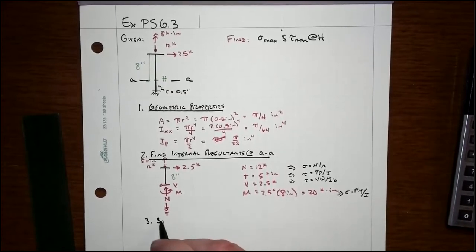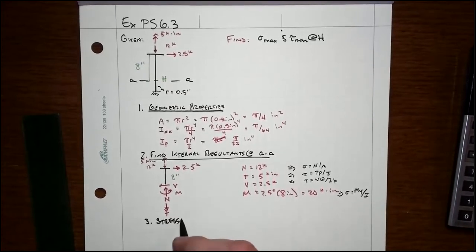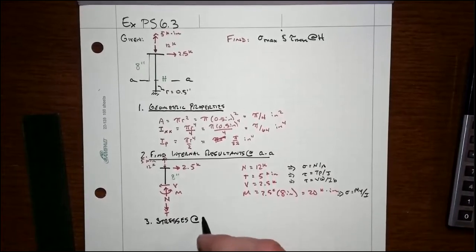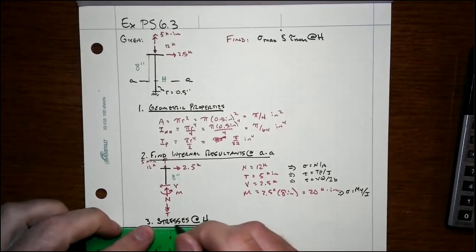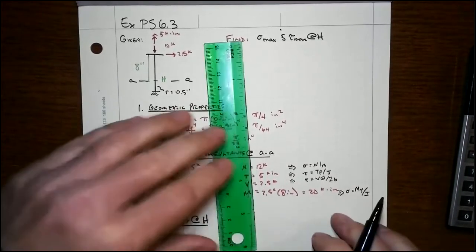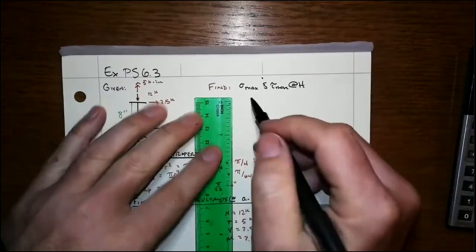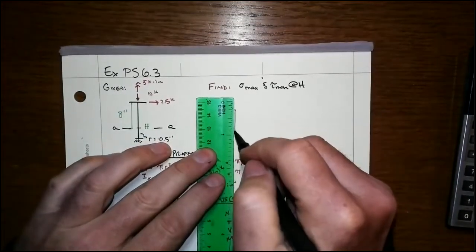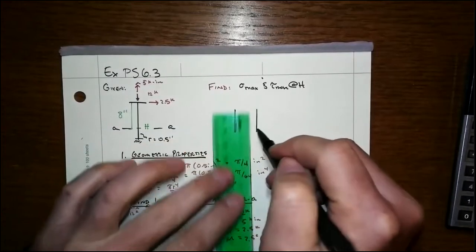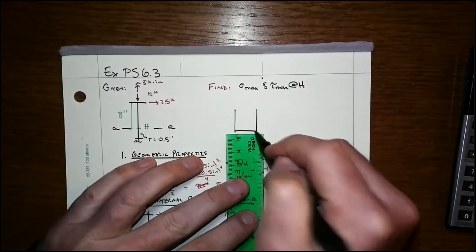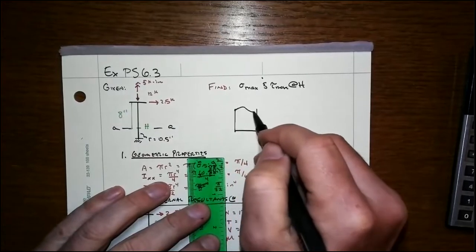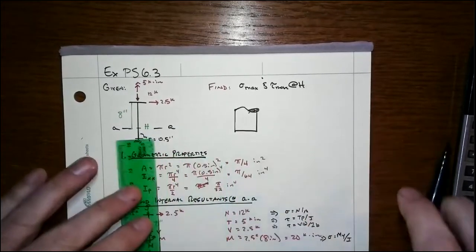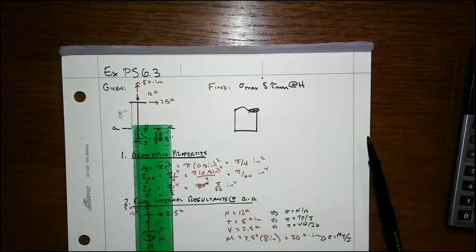So stresses at H. We've got 4 different things we're going to have to deal with. Right, so I'm going to come back up here where there's a little bit of space, and we're going to show the shaft width, and it is circular, so there's our solid shaft.